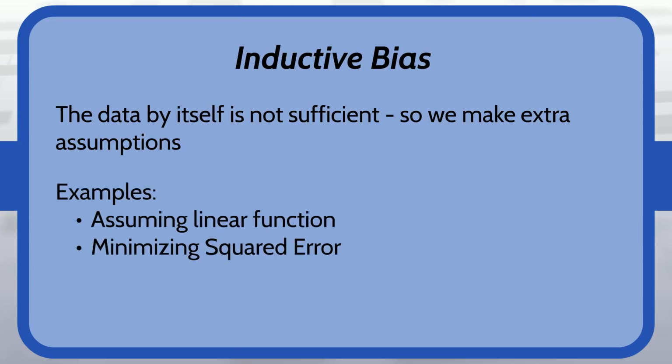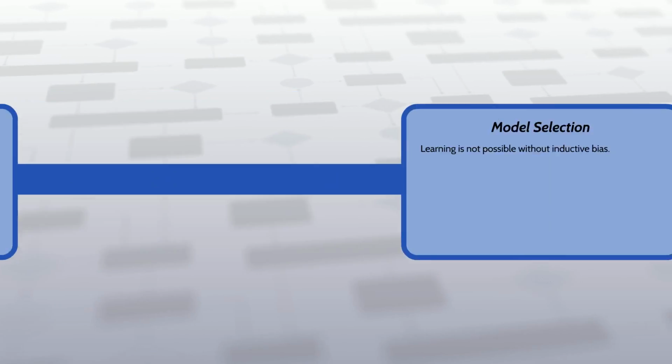In other scenarios, such as linear regression, assuming a linear function is an inductive bias. And among all the lines, choosing the one that minimizes squared error is another inductive bias. We introduce these assumptions because, once again, the data by itself is not sufficient to find a unique hypothesis.